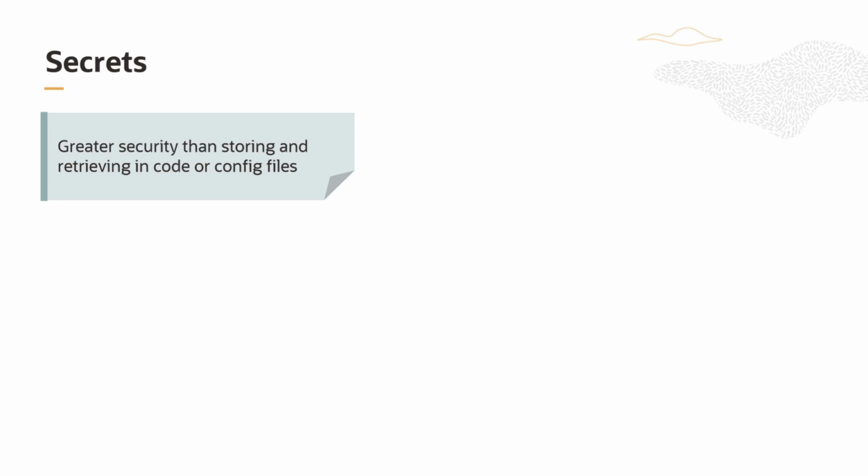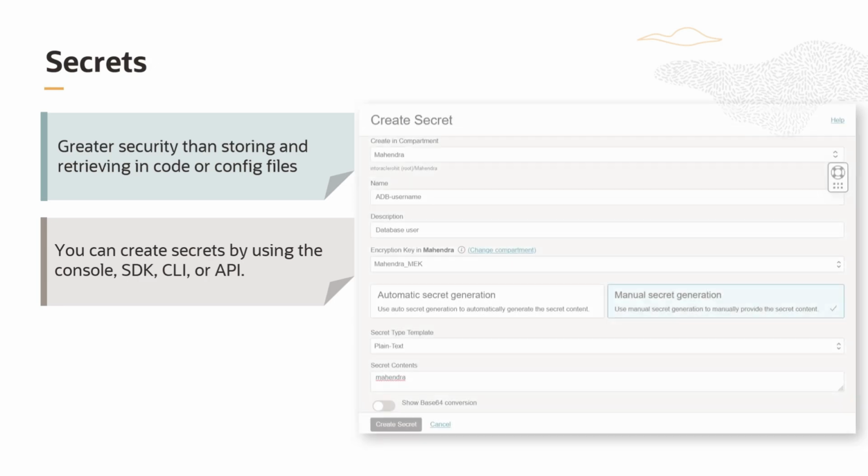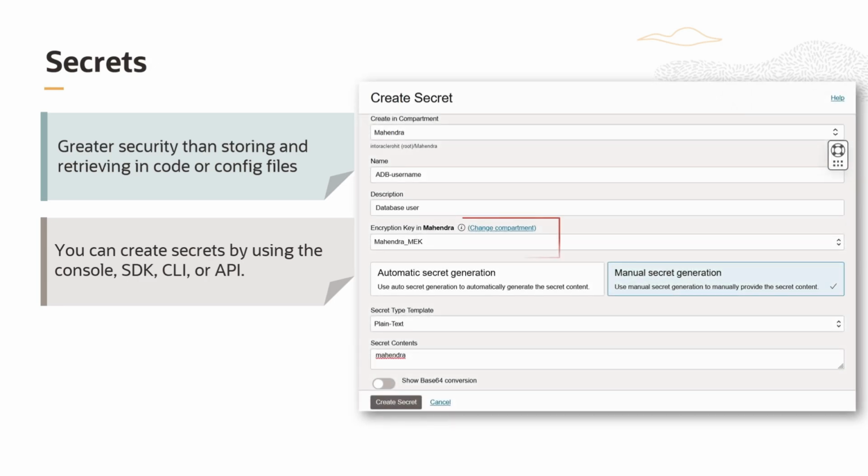Furthermore, you can retrieve secrets from the vault service as needed to access resources or other services. Secrets can be created via the OCI console user interface as demonstrated here, or programmatically in code or scripts using the OCI SDK, CLI, or REST API.